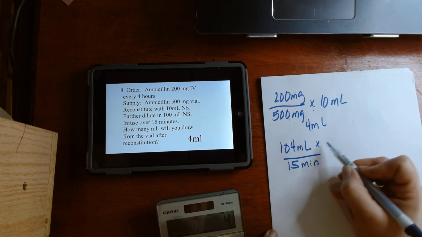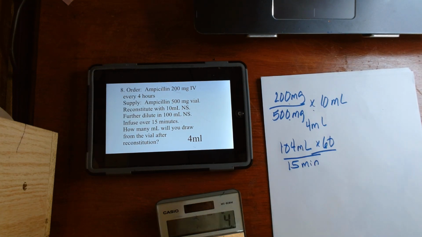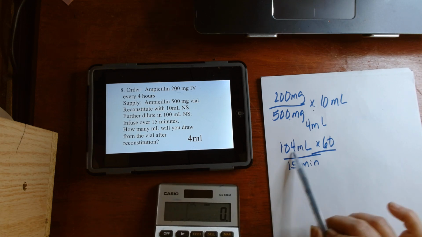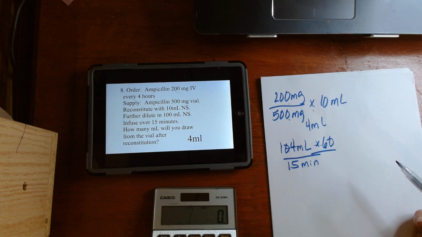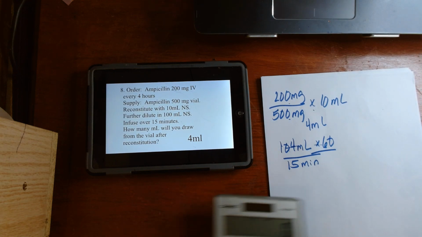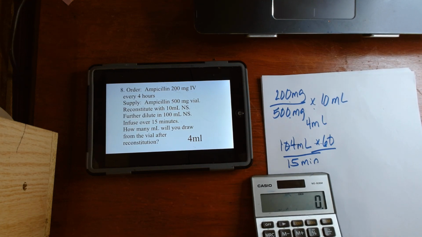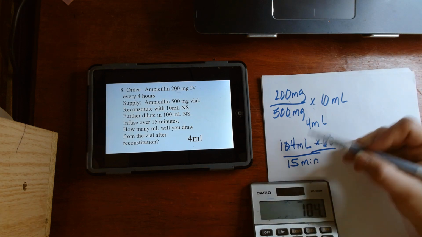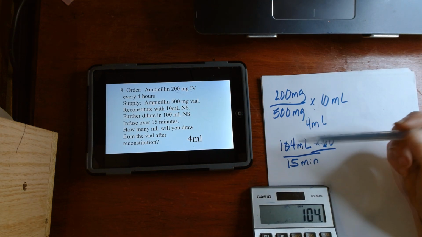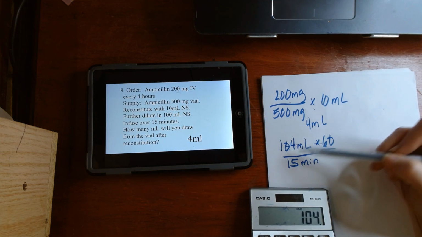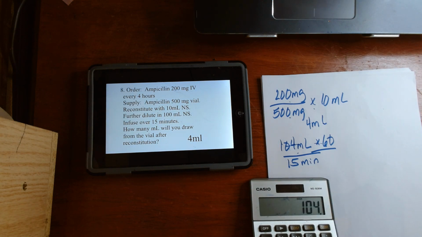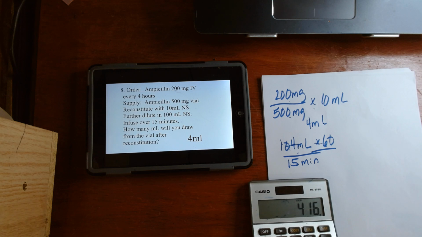So we're going to tell the problem we're dealing with a 60-minute hour. And then we're going to do the math. We do all the math on the top and then divide it by the number on the bottom. So we're doing 104. You have to be sure to add your 4 to the 100. Times 60, divided by 15.